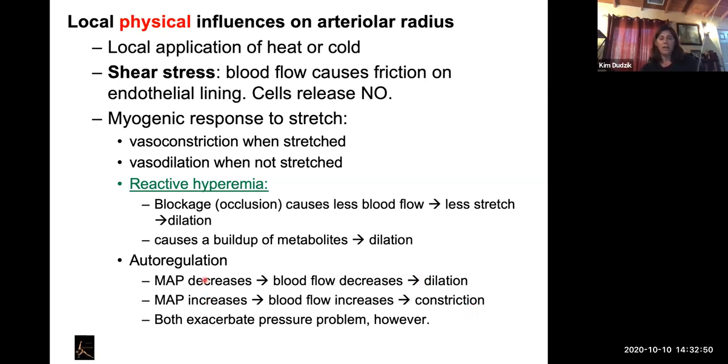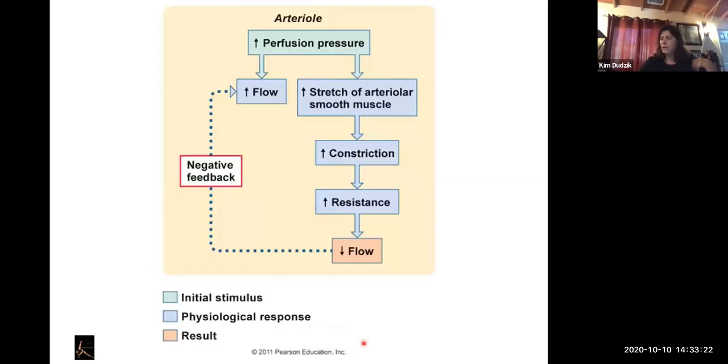Same thing here. If you have chronic low blood pressure, your arterioles are going to stay dilated, which causes low blood pressure, right? And so you can get a positive feedback loop. So again, the autoregulation normally happens as a short-term response, and the body quickly gets back to homeostasis. But if you have some type of disease process going on, then this can exacerbate the problem. Alrighty.